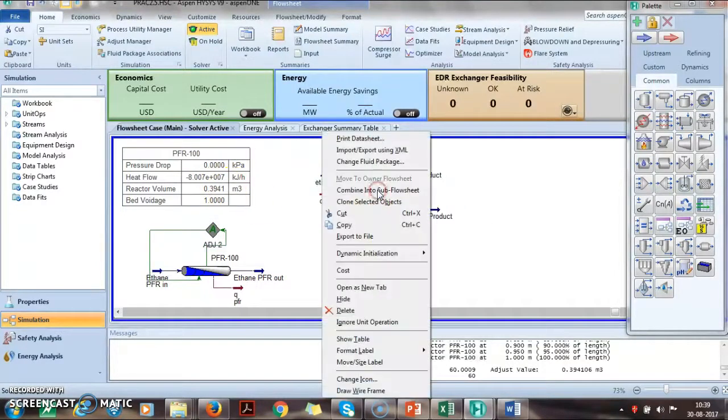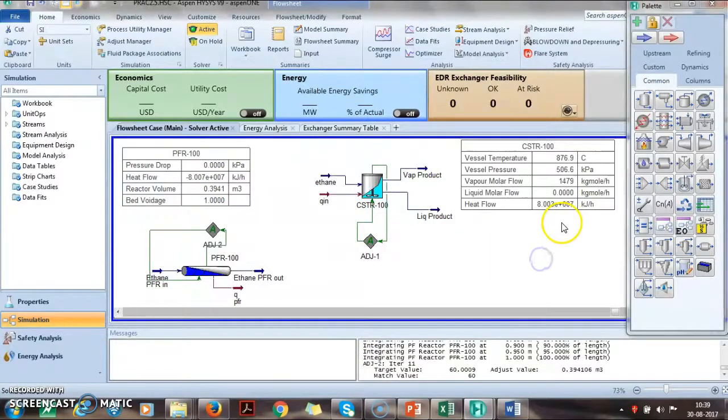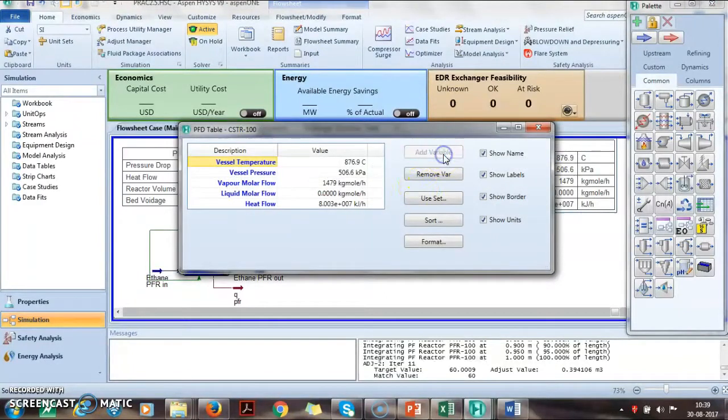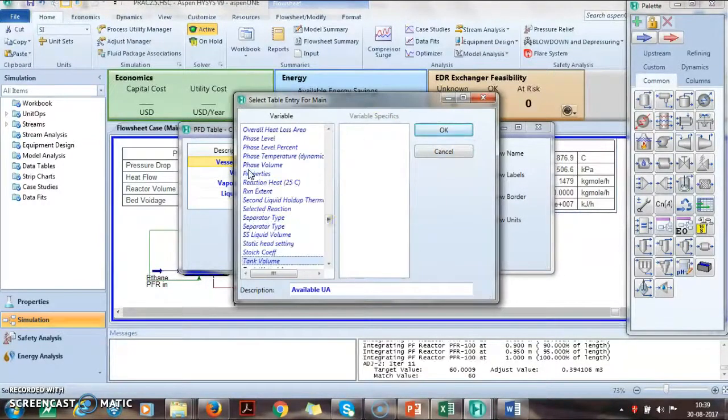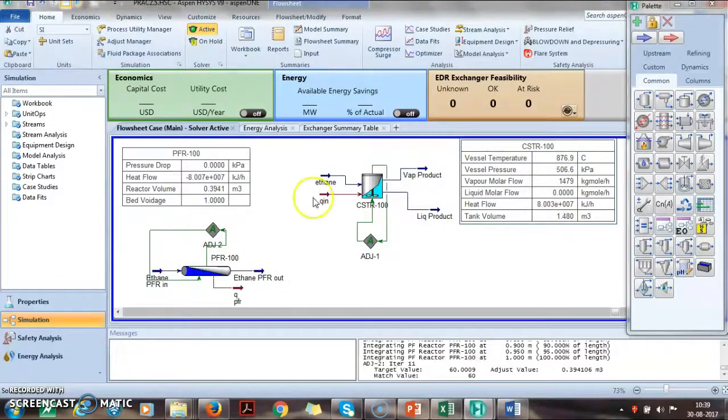You can just see here that if I put the values, here it doesn't show the volume, but then I can add the property. This is 1.48, as against that this is 0.3941. So this is how you can simulate a kinetic reaction, right?